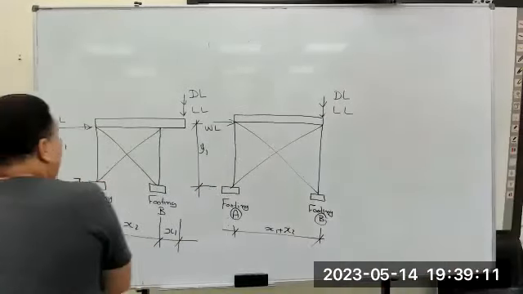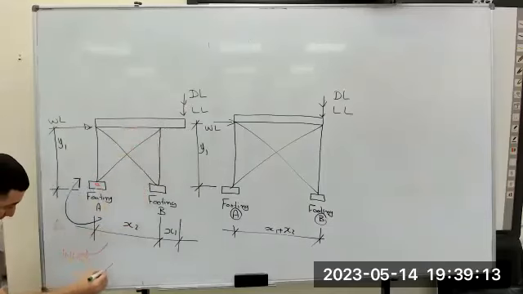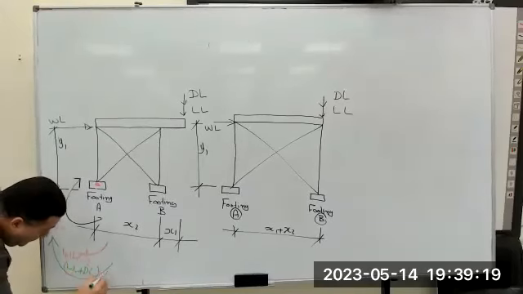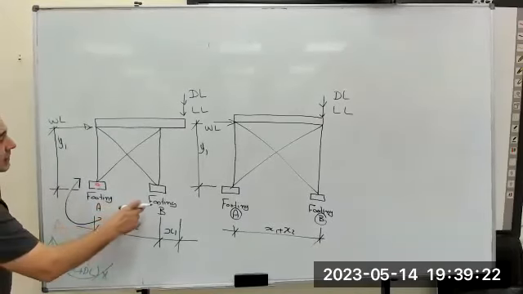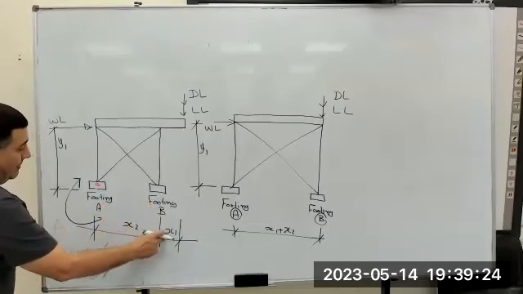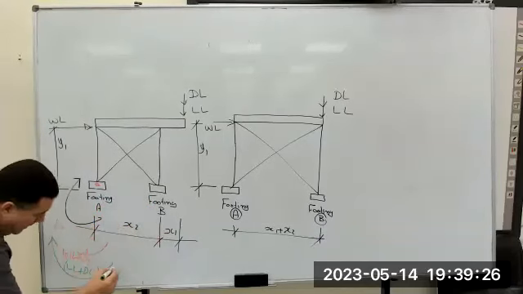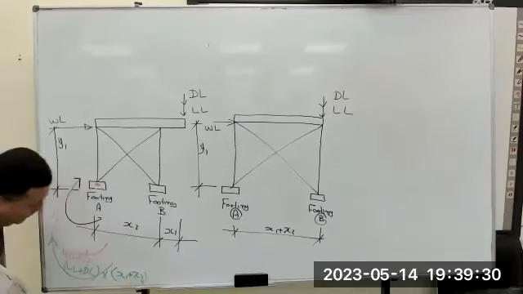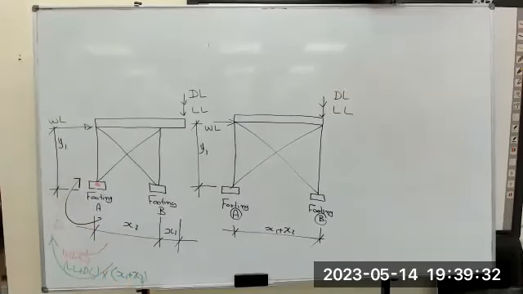I have dead load with live load as well. Live load plus dead load multiplied by x1 plus x2, correct or not? But the load's effect in this system is what? Moment.